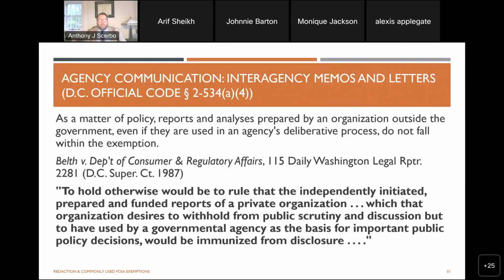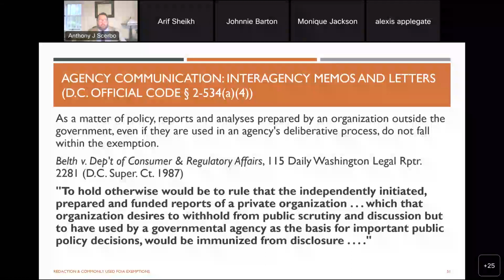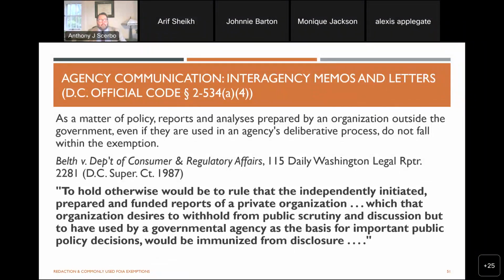So let's talk about Belth here for a moment and explain this part of the holding. In Belth, an outside organization took publicly available information on insurance companies, and then prepared reports on that basis, which they then provided to state and municipal regulators of insurance as reference material for their use.